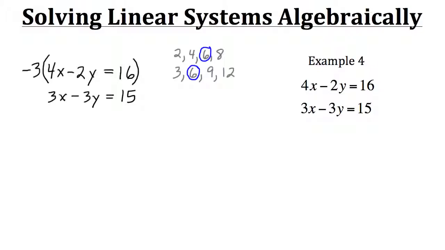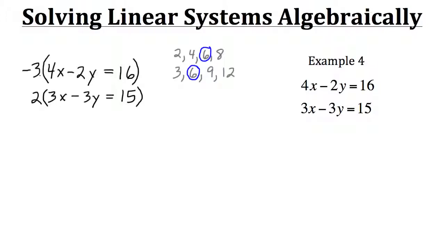And then similarly, if the top one is positive 6, we want the bottom equation to have the coefficient of -6 for the y variable. So to change the -3 to a -6, we just need to multiply by 2. Because 2 times -3 is -6. So now let's actually do the distribution for this multiplication.